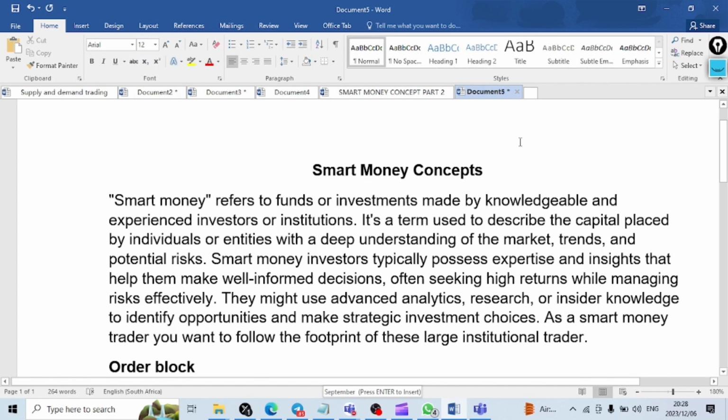So we'll be talking about smart money concept. Smart money refers to funds or investment made by knowledgeable and experienced investors or institutions. In forex markets or in different markets, we have different players.